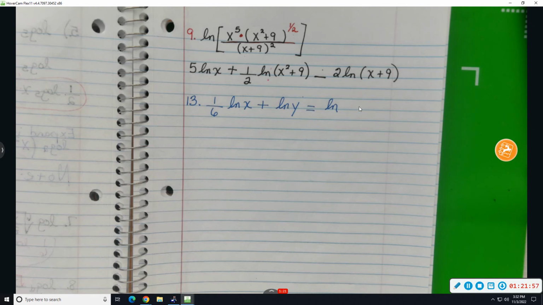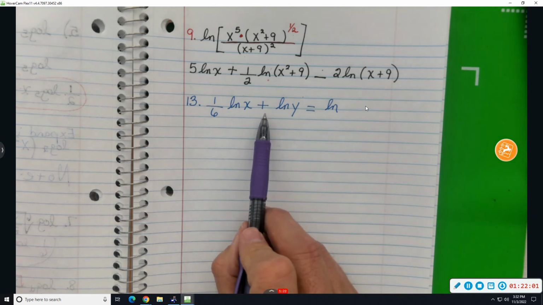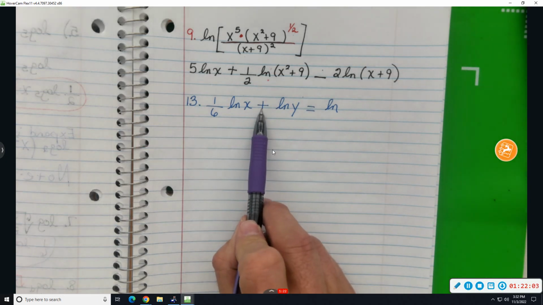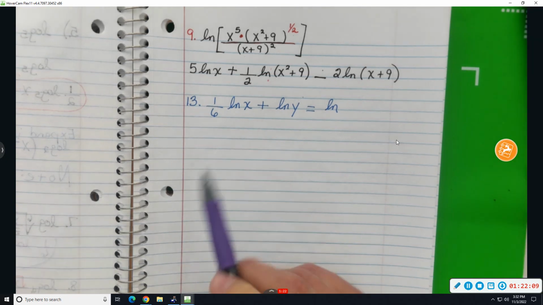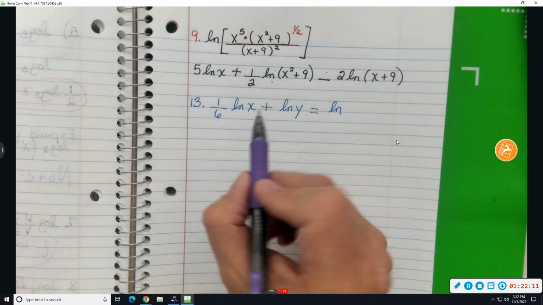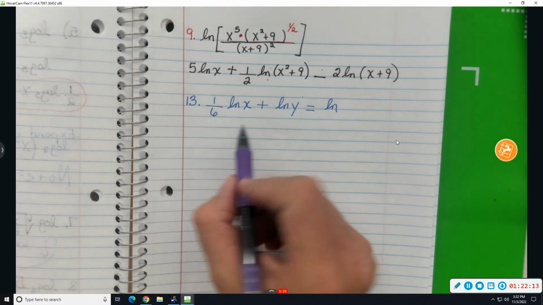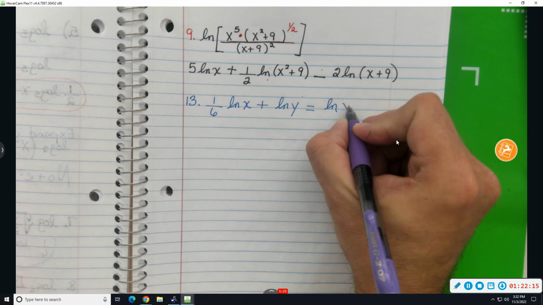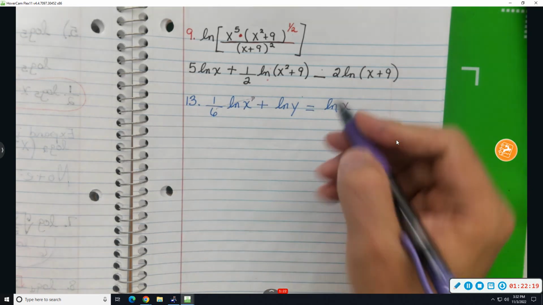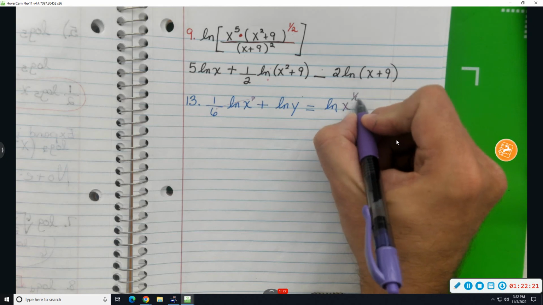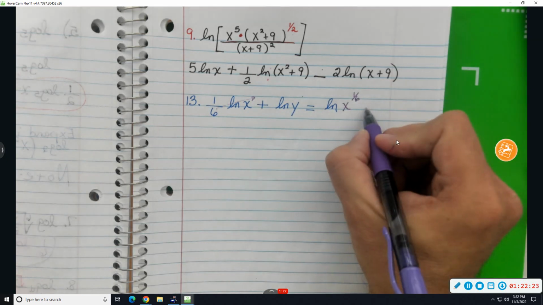Do I need a fraction bar? No, because this is a plus. If this plus had been a minus, then you'd put a fraction bar. But there is no fraction bar. So, what am I going to write? Okay, so the x has the exponent of 1/6 on it, and then the y.